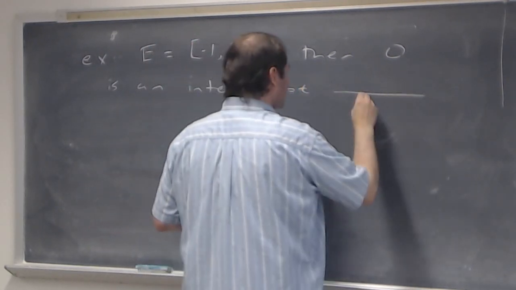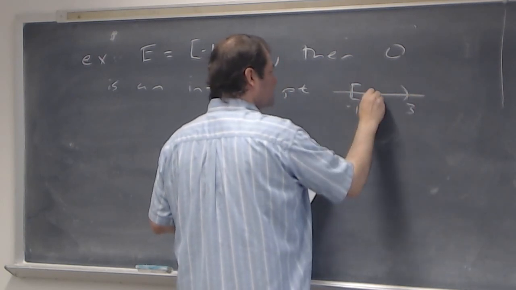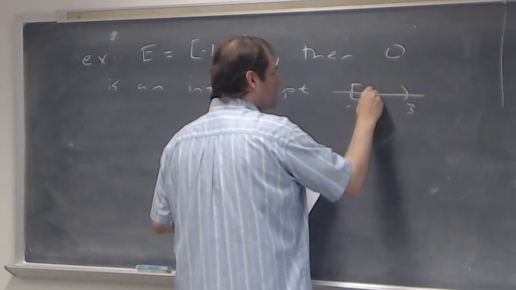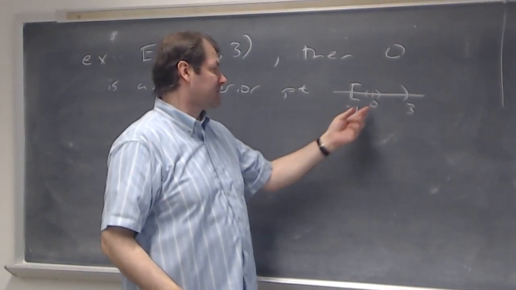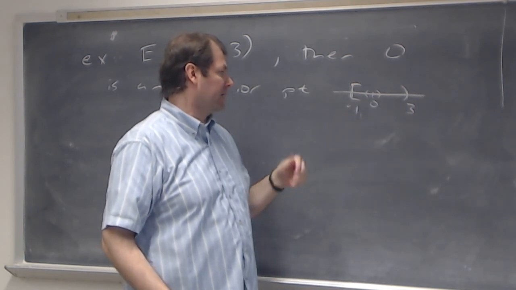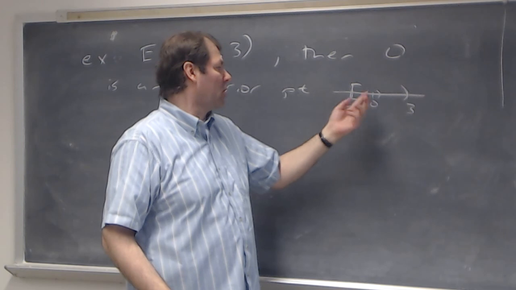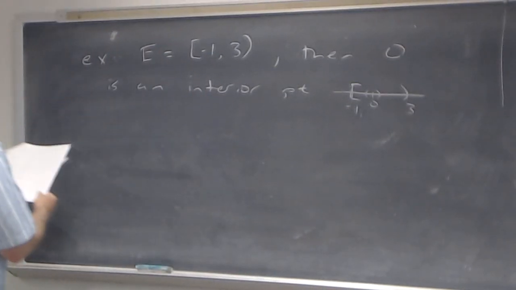And the way we think of this, look, here's minus 1, here's 3 on the number line. This is our set. 0 is sitting right here. And what I do is I put a neighborhood about 0. I find one such that this neighborhood is totally contained in (-1, 3). And a neighborhood you could pick is the neighborhood about 0 whose radius is 1/2.